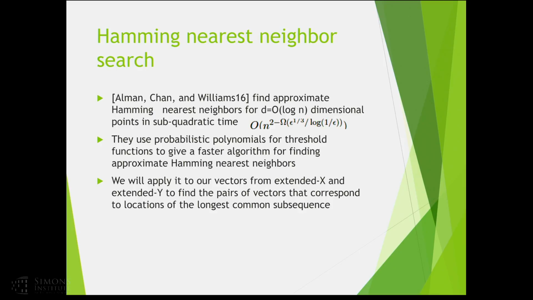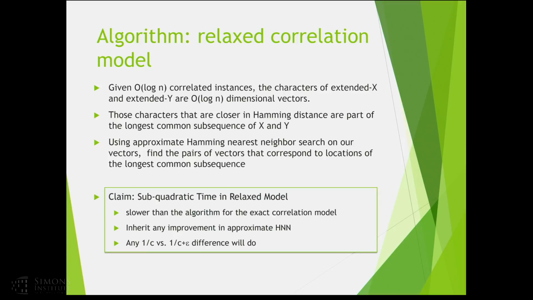So again, we have this hash table with vectors in extended x, or, well, it's not really a hash table anymore. And so we can use that to find the pairs of vectors that correspond to locations of the longest common subsequence. And again, with a higher probability, this time due to Chernoff bound, you can show that with high probability, every pair that's close in Hamming distance will be part of the longest common subsequence. And that's exactly what I said here.